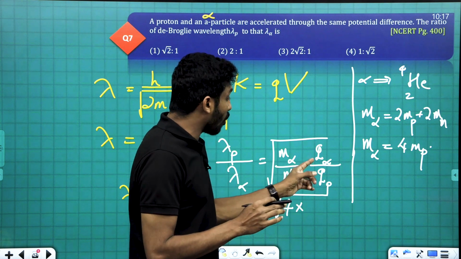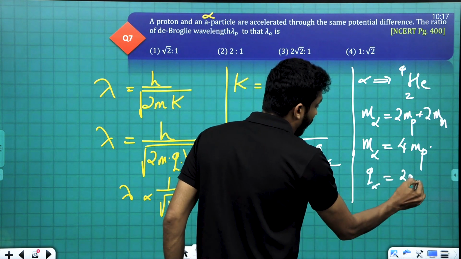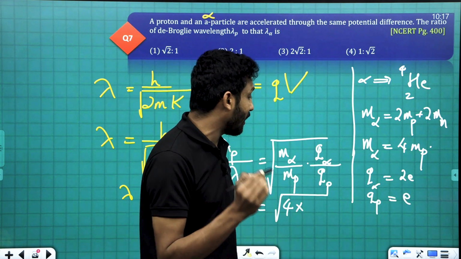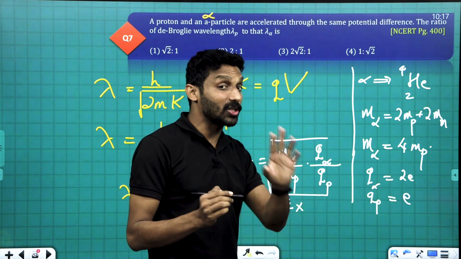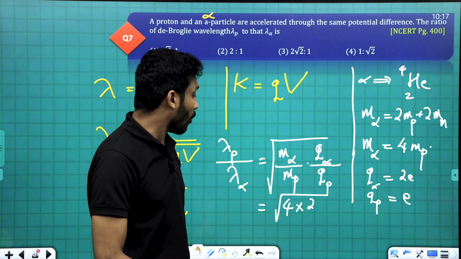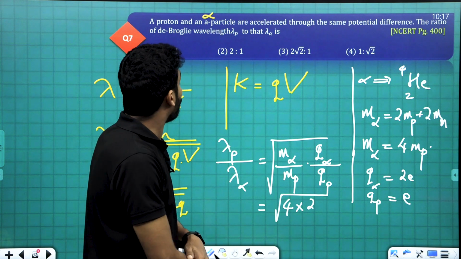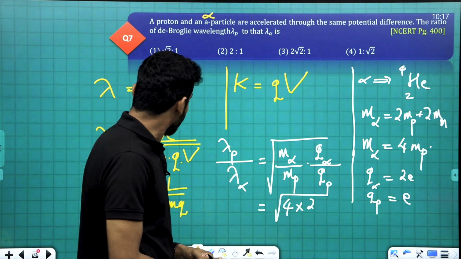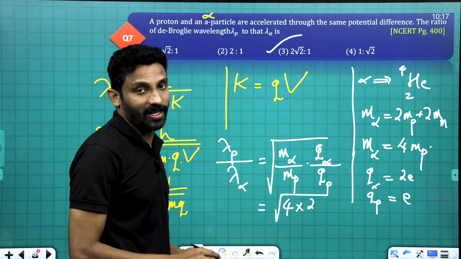So the charge of alpha is 2e and the charge of proton is e. Then what will be q alpha by qp? 2e by e is 2. Root of 4 into 2. What is root 4? 2. So this is 2 root 2. 2 root 2 is to 1. The answer is option C.